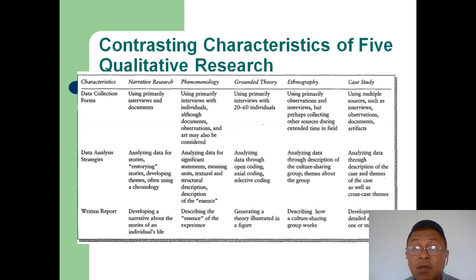And sometimes artifacts, meaning objects that are being used or applied by these people or this group. These three methods of data collection are used across all five types of qualitative research: interview, document review, and focus group. Very dominant. All three will be used across these five qualitative research types.